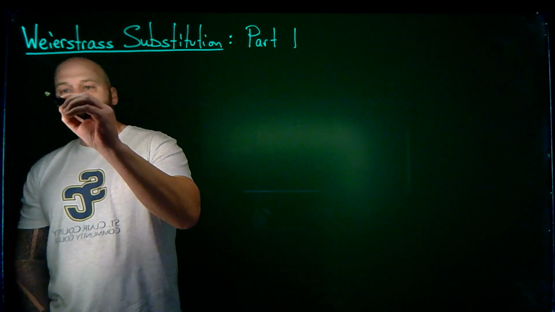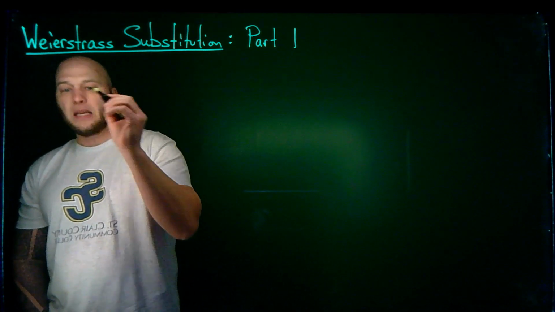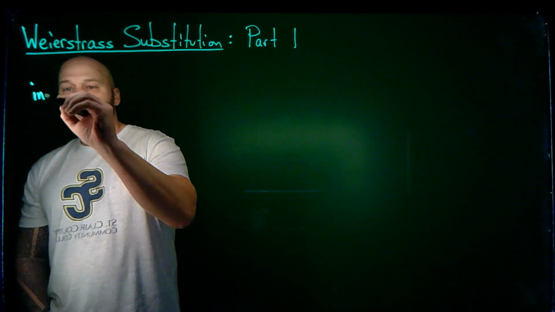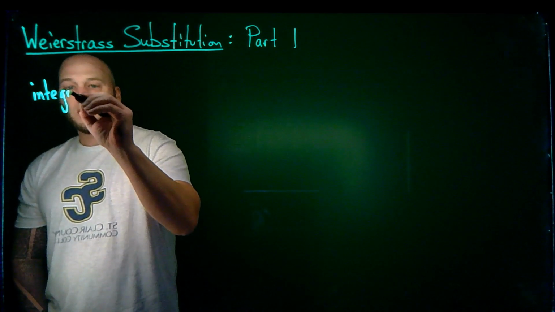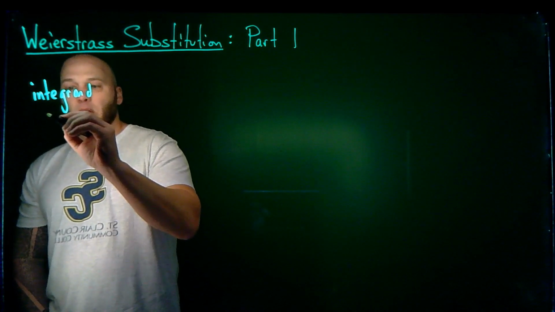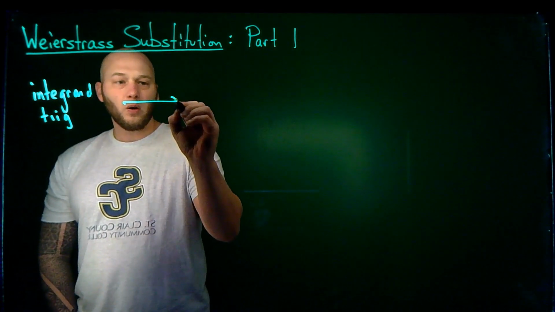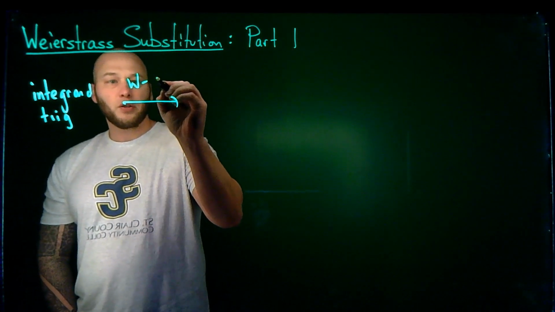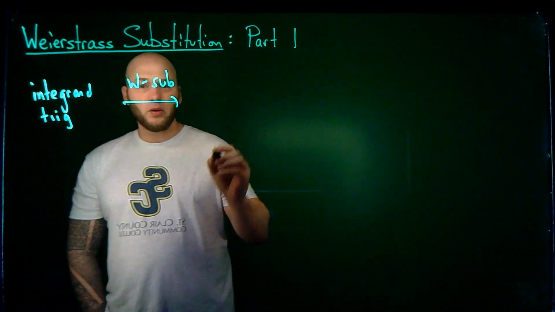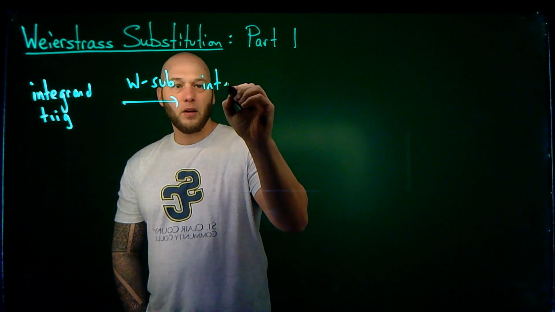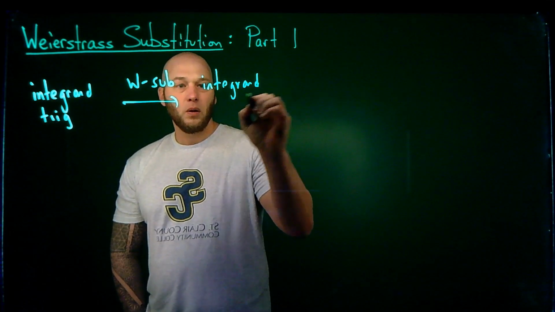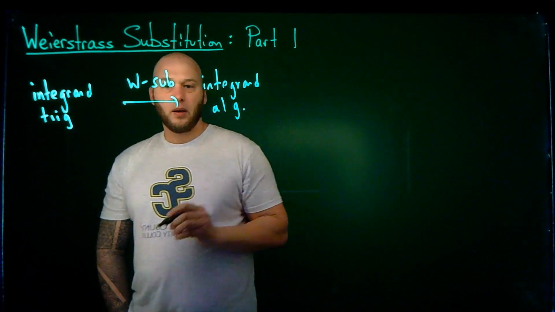We're going to see how to take an integrand with trig functions, and using the Weierstrass substitution, convert that to another integrand with an algebraic expression.